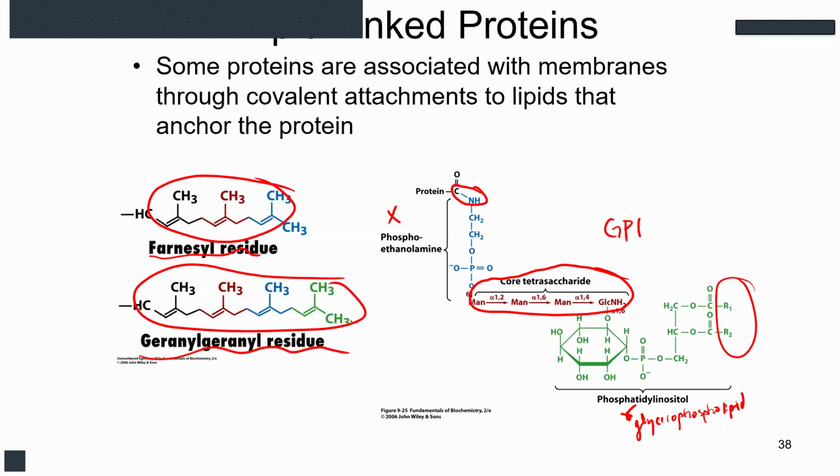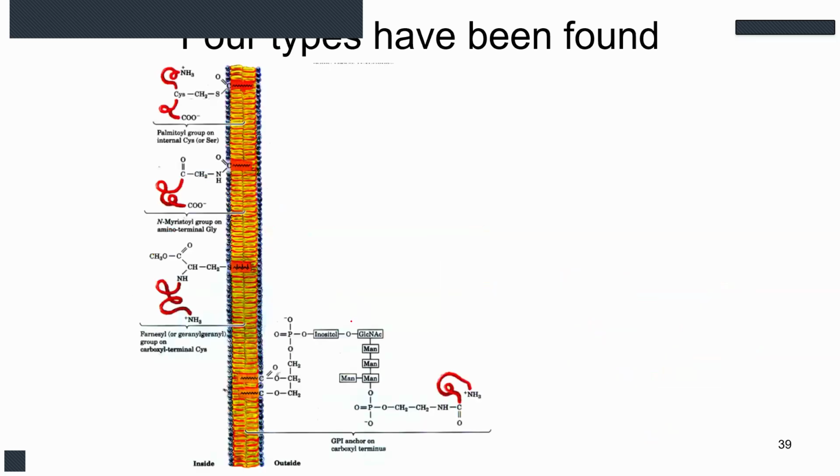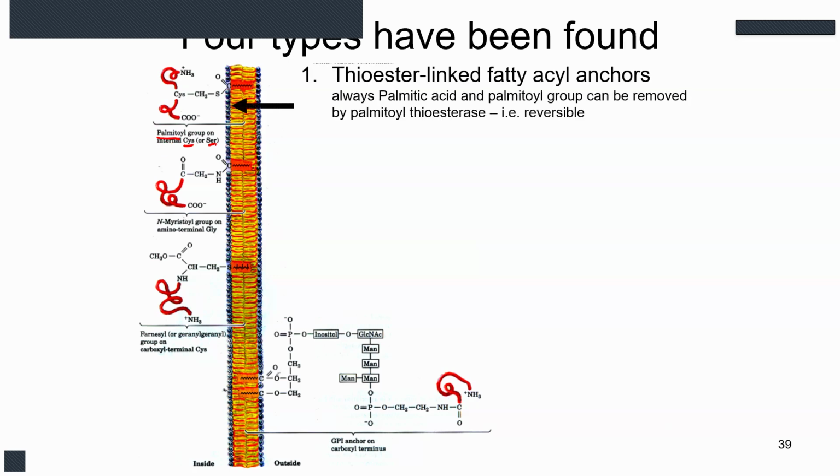Now, there are 4 types of lipid-linked proteins. They can have a palmitic group. And what I want you to know here is what amino acids these different groups can be added to. So a palmitic group can be added to a cysteine or a serine. This is a thioester-linked fatty acyl anchor.